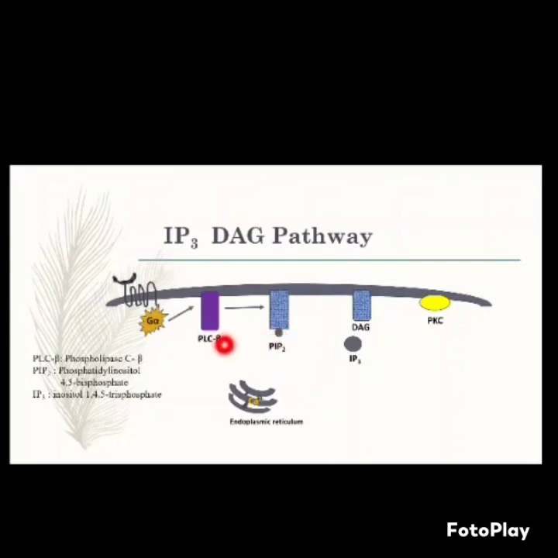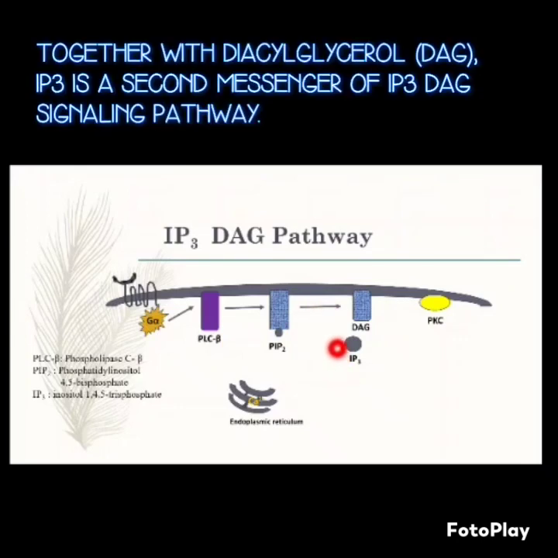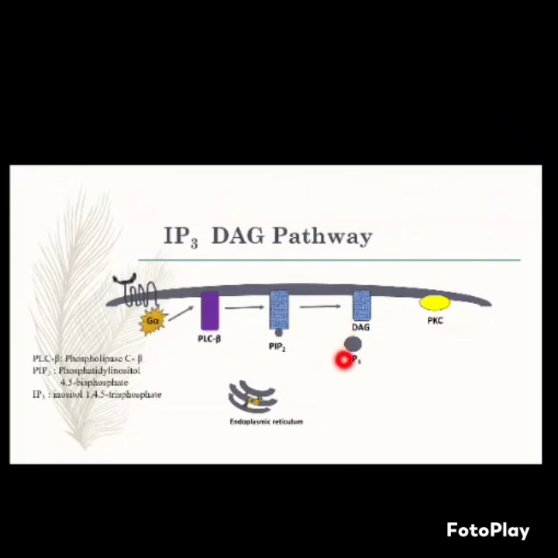When the PIP2 is cleaved, it will be broken into two different units. One is our DAG and one is our IP3. The full form of DAG is diacylglycerol, and the full form of IP3 is inositol 1,4,5 triphosphate.